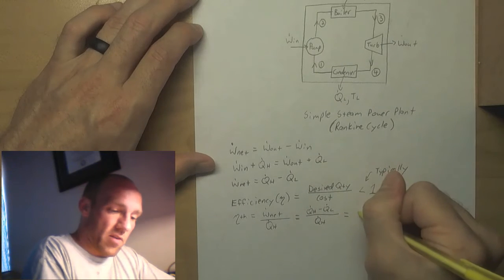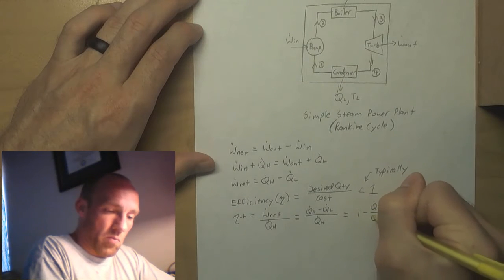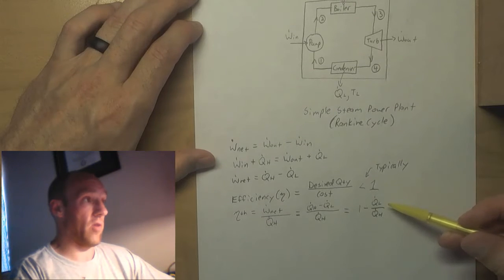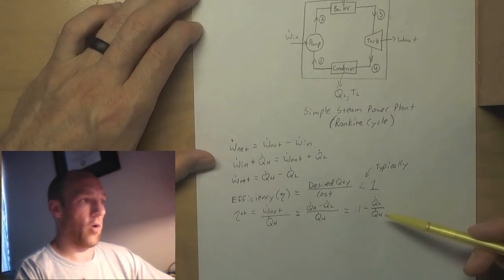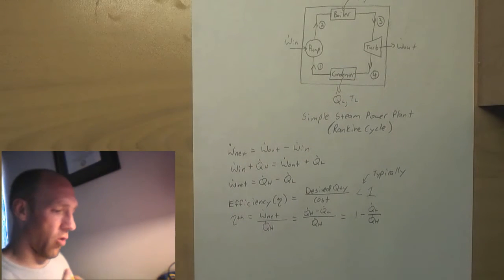Cancel out the Q dot H's, and I just get 1 minus the ratio of the heat rejected on the cold side over the heat absorbed on the hot side. Okay, so that's thermal efficiency.